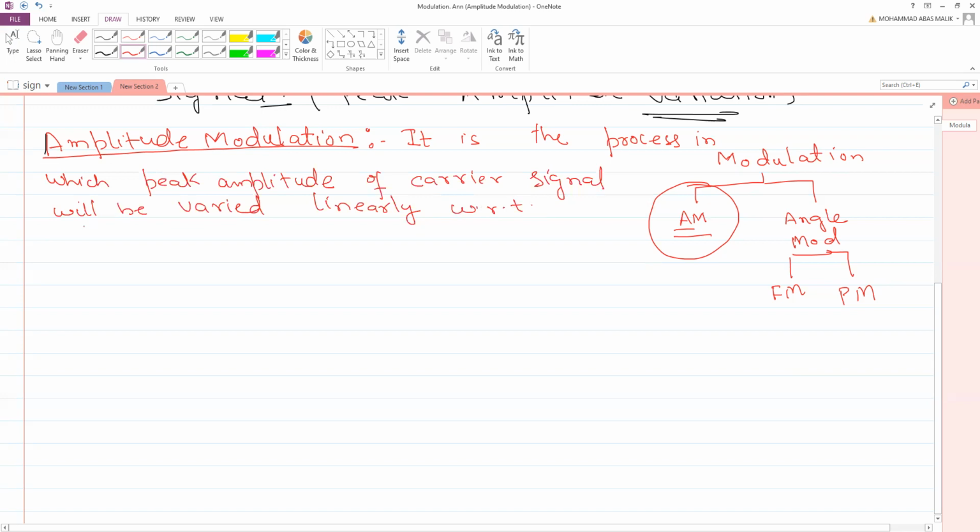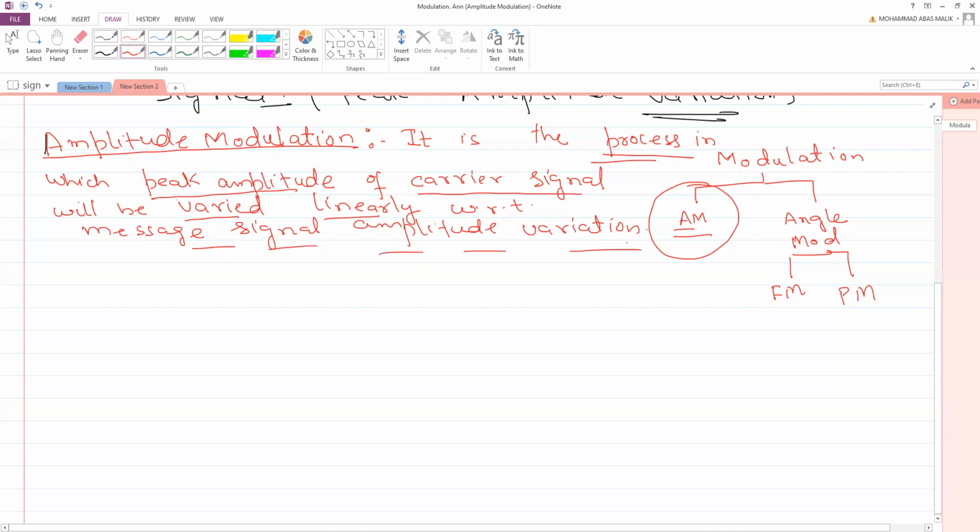Just remember this. This is the definition: a process in which the peak amplitude of the carrier signal is varied linearly in accordance with the message signal's amplitude variation.